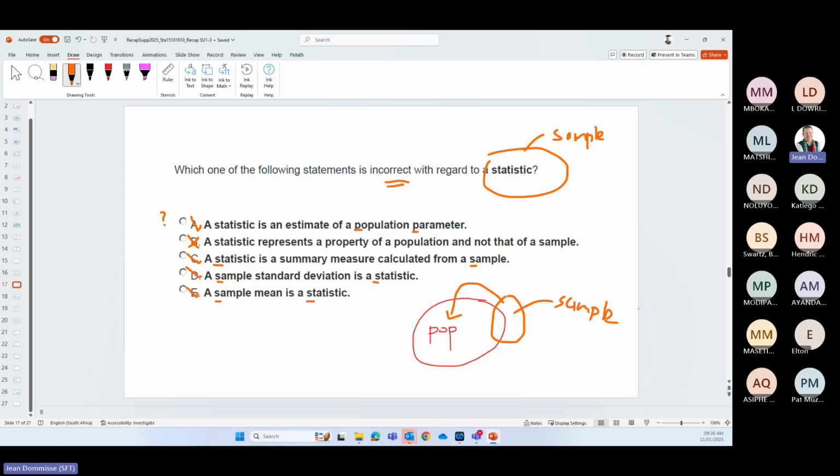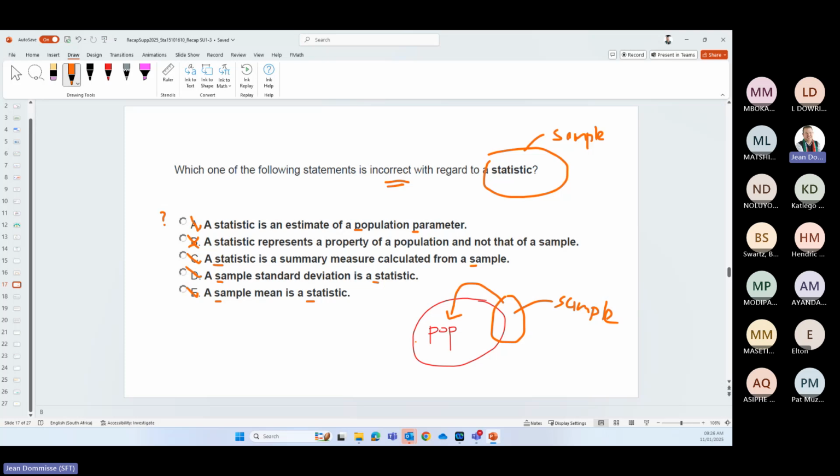Look at the census, which was supposed to be a population measurement counting everybody. It never happened. So it's very difficult to always get to the total population.